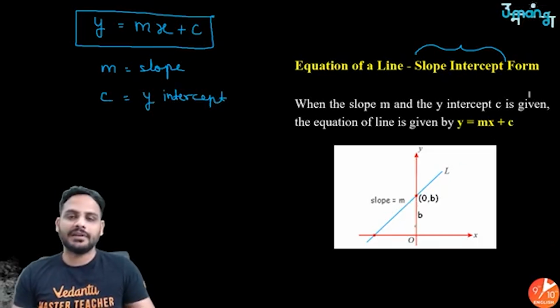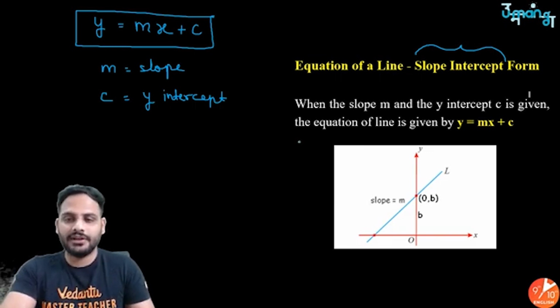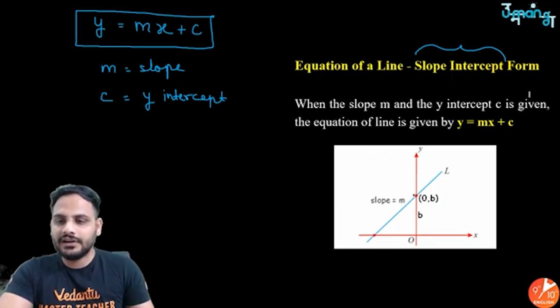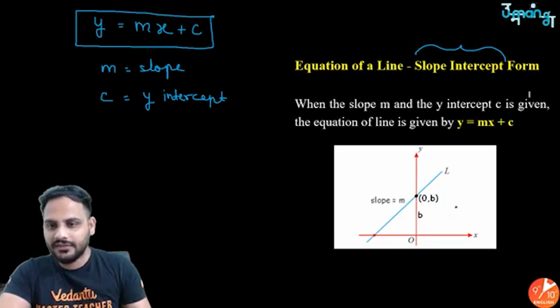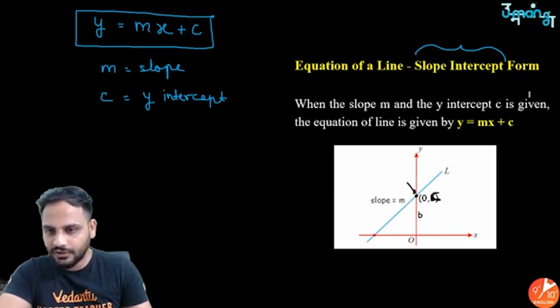Y-intercept means, if I draw the graph of this line, listen very carefully, you can clearly see this line is passing through a point on the y-axis. It is intersecting the y-axis. The point where it intersects the y-axis, whatever the coordinate is, let's make it (0, c), according to the equation.